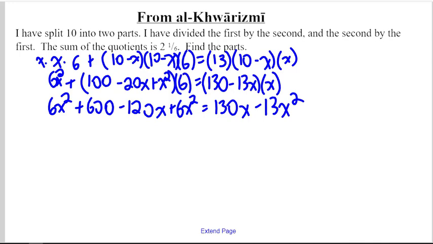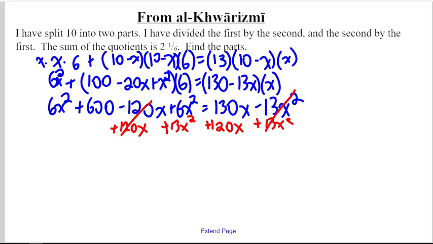I'm going to now start combining terms and move everything so that they're positive, because remember that the quadratic formulas that al-Khwārizmī used always had a positive x squared, and everything became positive. So my x squareds are positive on the left-hand side. I'm going to add 13x squared to both sides, and add 120x to both sides, so that I can have all positive terms.